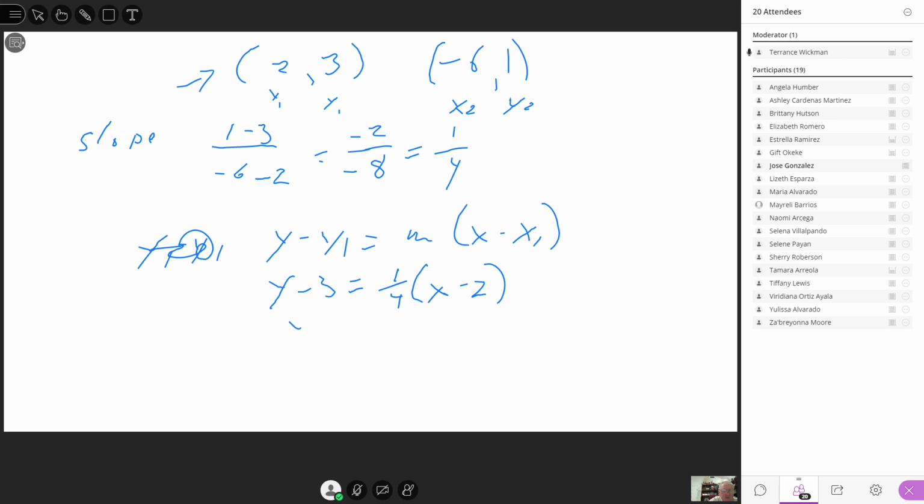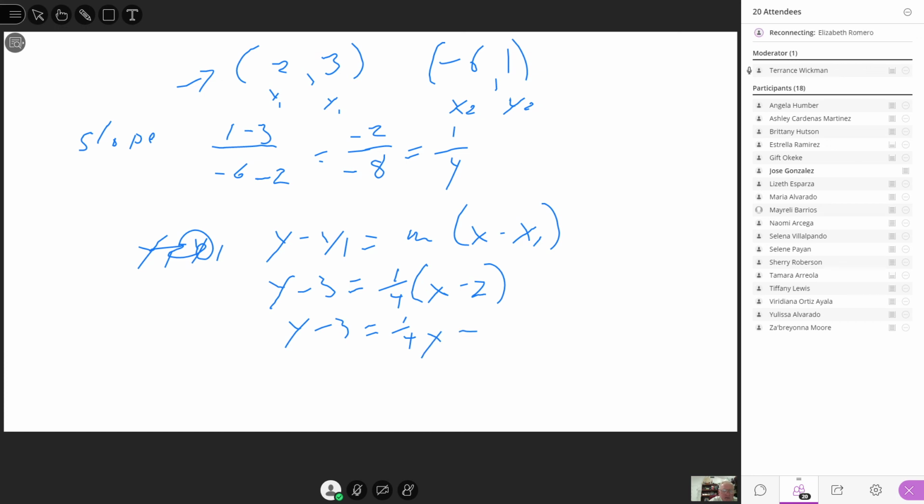This is going to give us y minus 3 equals 1/4 x minus 1/2, because 2/4 is 1/2. I add 3 to this side, I add 3 to the other side. That gives me y equals 1/4 x.